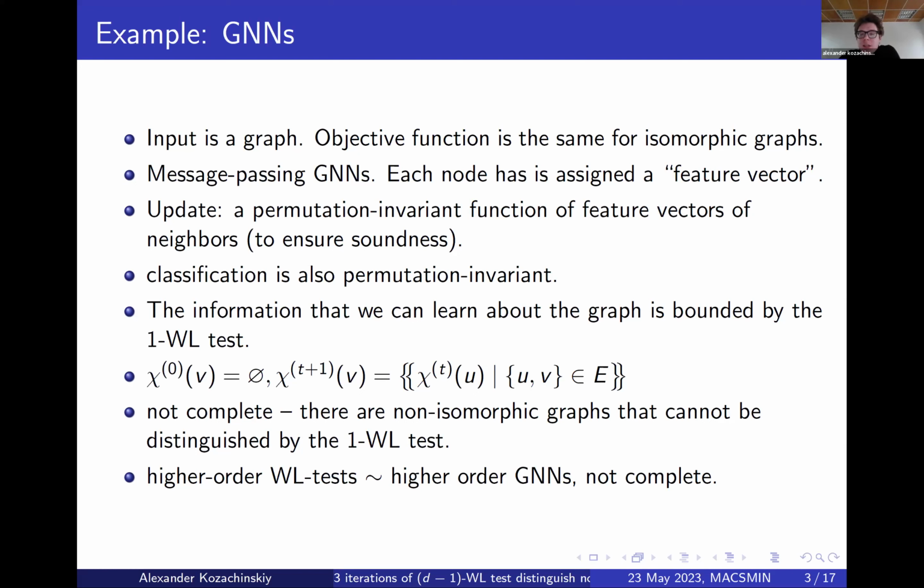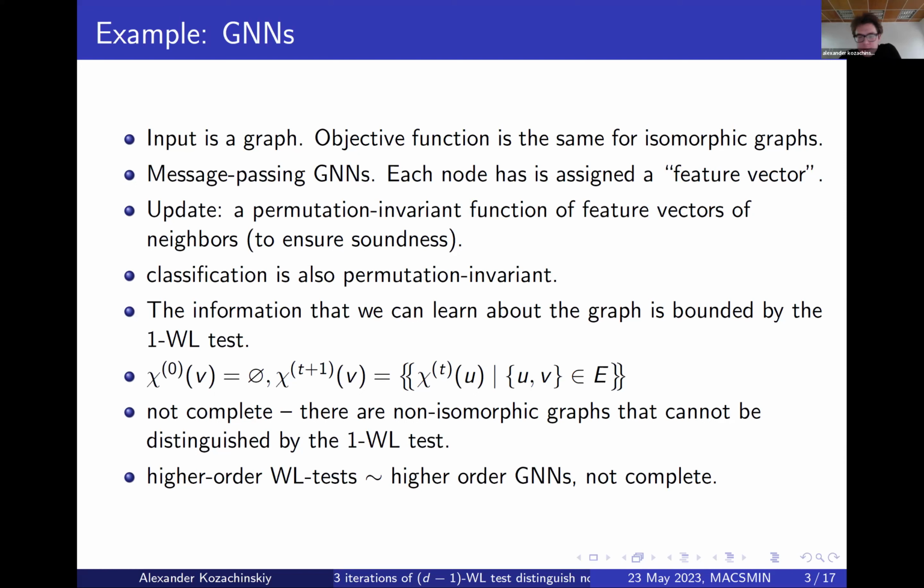So the next thing that we can ask is about completeness. If we have non-isomorphic graphs, can we at least devise message passing graph neural networks that do different things on them? And the answer is, not always.